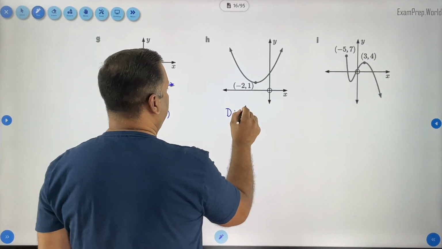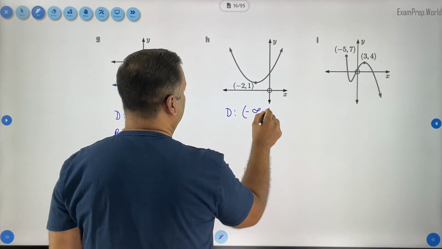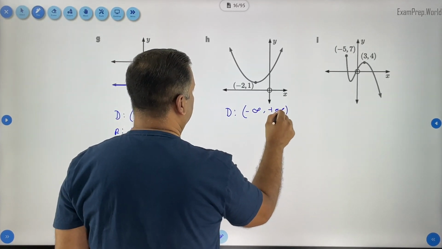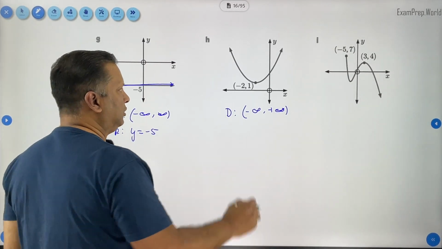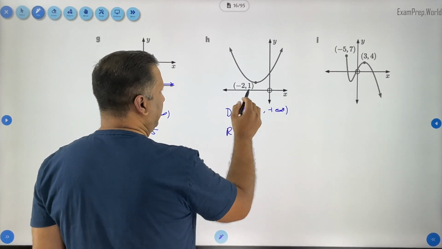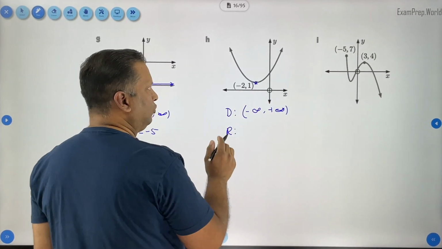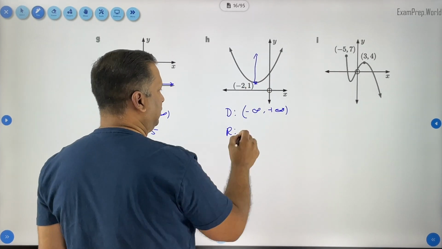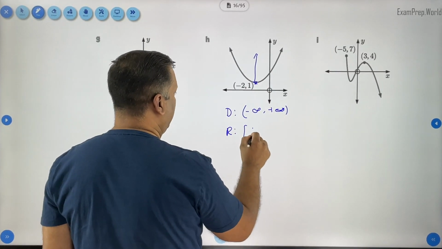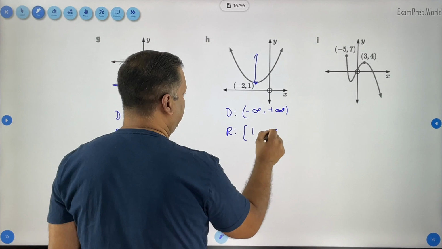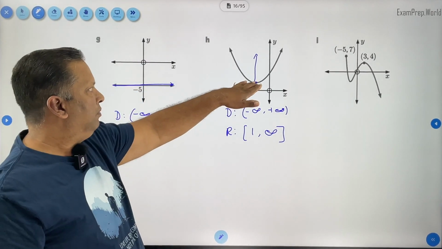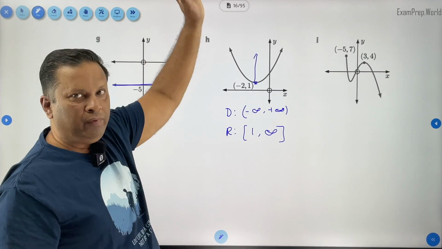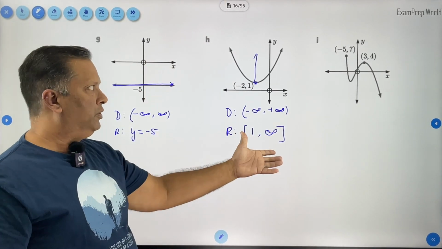So domain will be once again minus infinity to plus infinity. As I told you, quadratics' domain will always be the same. For range you have to see the vertex. The minimum value of y is 1 and it's going only in the up direction. So I will write 1 to positive infinity. Because the minimum value is 1 and it's going upward only, right? So it is 1 to infinity.